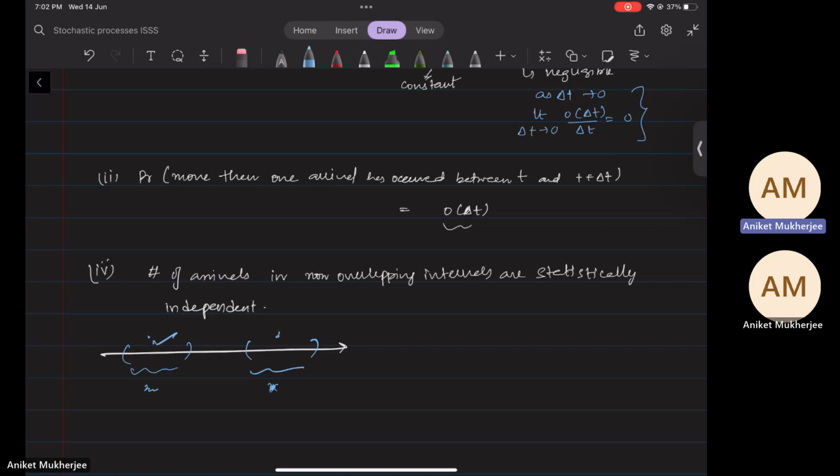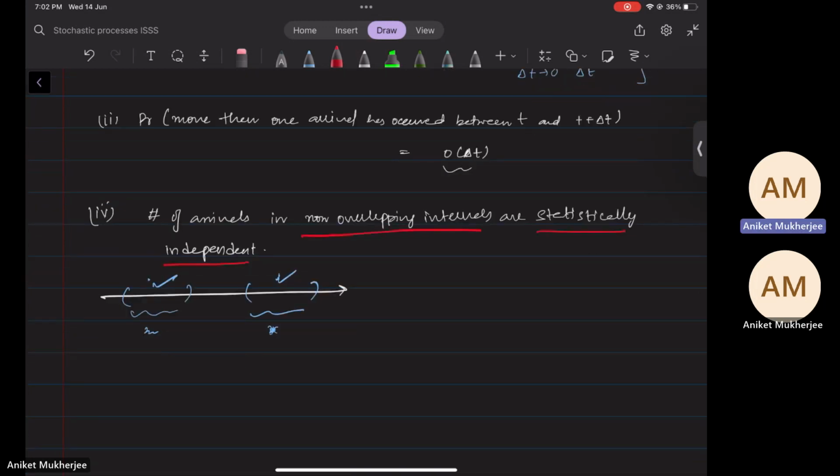These are independent of each other. If you have overlap, then it will depend, because if one car has passed here, then both of them will get one. If no car has passed here, both of them will get zero. So it's important that you understand that for non-overlapping intervals, the arrivals are statistically independent.